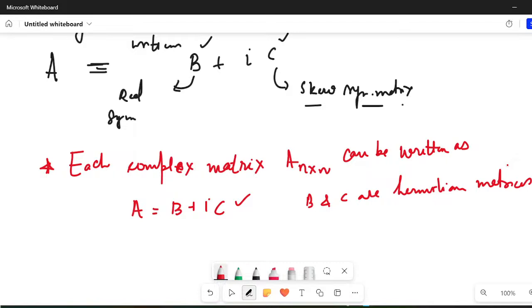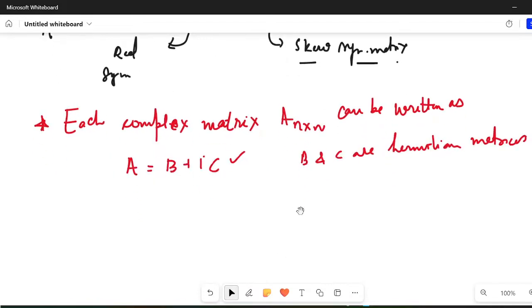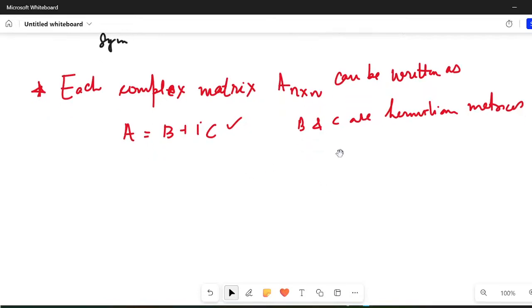So I'll write it here itself. Each complex matrix A can be written as A is equal to B plus iota C, where B and C are Hermitian matrices.